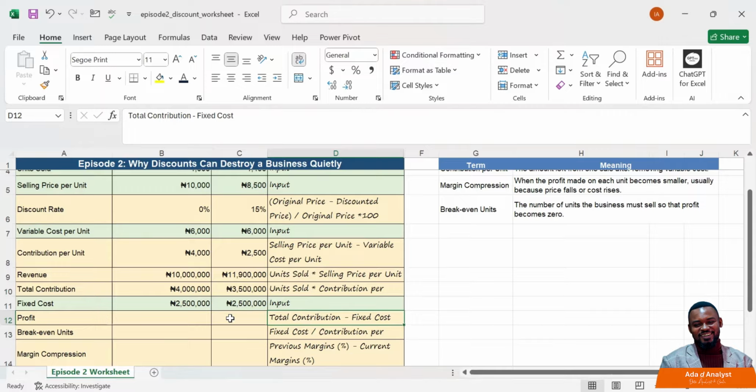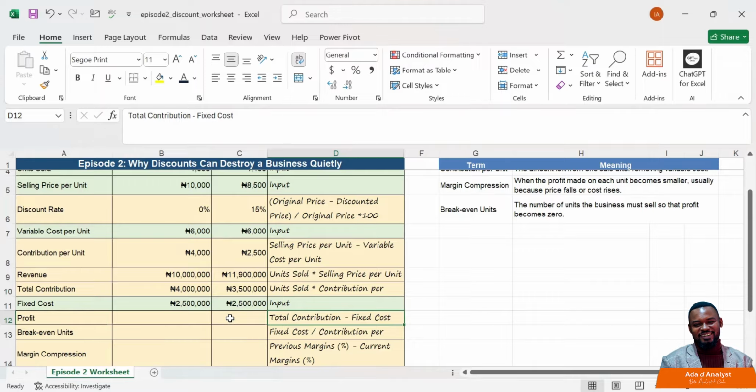When we calculated our contribution per unit, we took away our variable cost for each unit, then multiplied it by the units sold. So already we had taken away our variable cost.